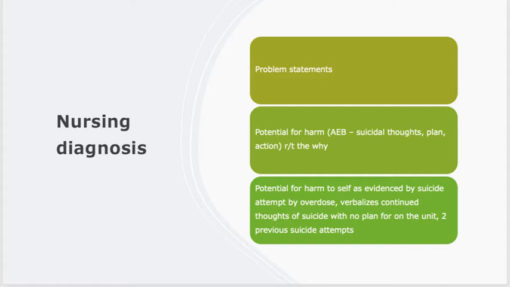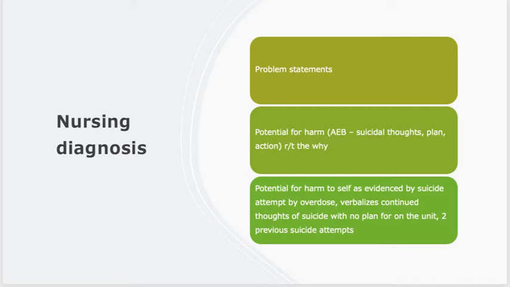And so some of the problem statements that relate to suicide might be things like potential for harm. You would say something like potential for harm related to, and that's the why of why they tried to commit suicide. So for example, let's say that someone had an overdose attempt and they say that they're still having thoughts of suicide, but they don't have a plan for right here on the unit.